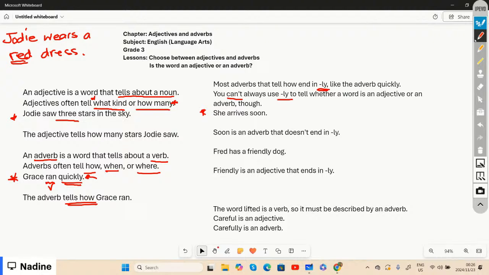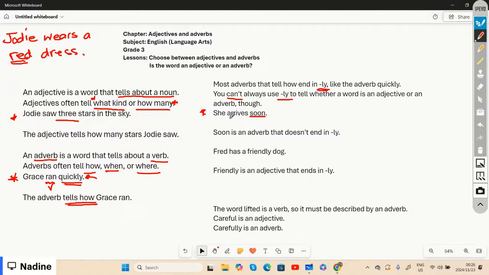Soon is the adverb that tells us when she will be arriving. When will she arrive? Soon. So soon is the adverb that tells us when she will be arriving. And as you can see, soon does not end with an ly.